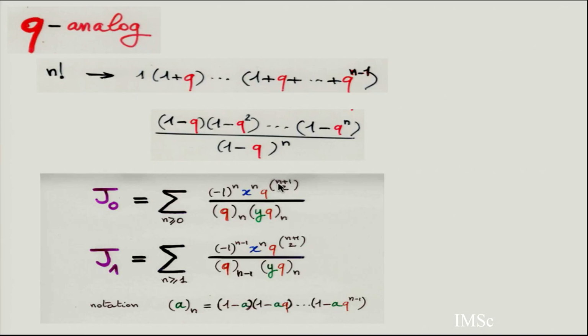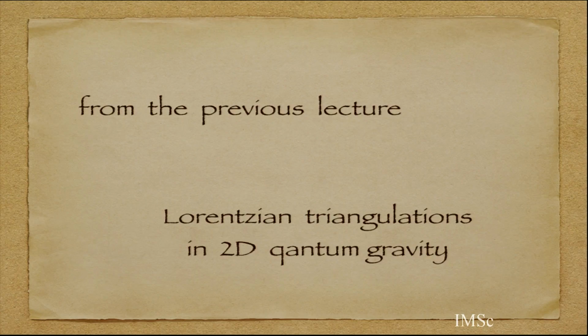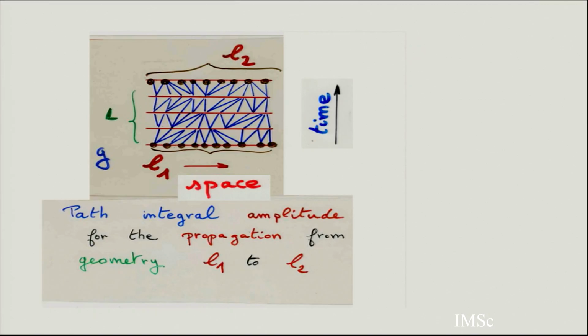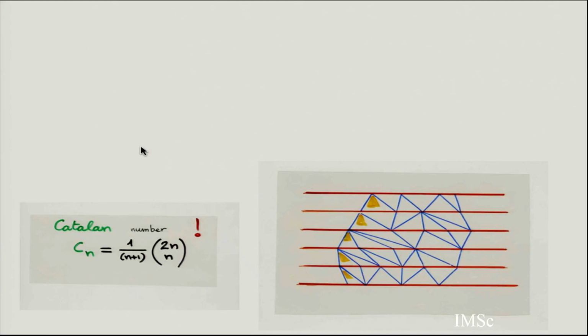From the previous lecture, just to remind you, the previous lecture was about Lorentzian triangulation in 2D quantum gravity. We are counting such a picture with 4 parameters, L1, L2, G, and L. It's a special case where all the triangles on the left border were up, and in that case, it was a Catalan number.